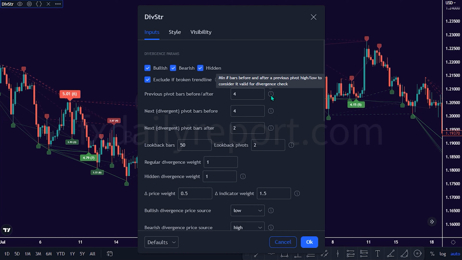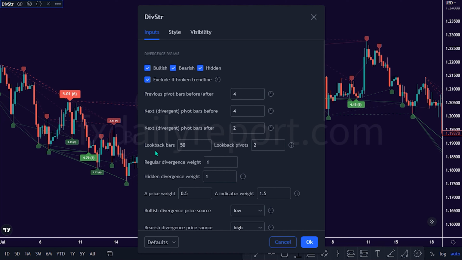Pivot lengths specify the number of bars before and after each pivot high or low to consider it a valid candidate for divergence. The next divergent pivot bars before is also 4 by default, and the next divergent pivot bars after is 2 by default.